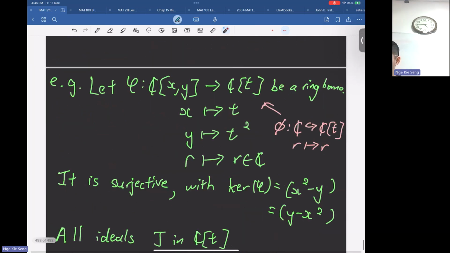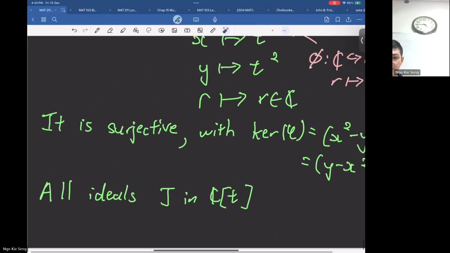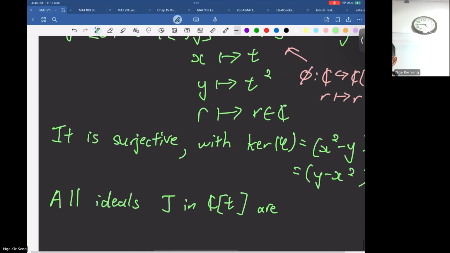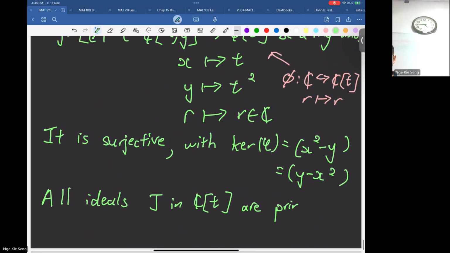Okay, meaning it is generated by what? Generated by what? Yeah, what's that one element? How did we describe it last time? Yes, the monic polynomial with the lowest degree.